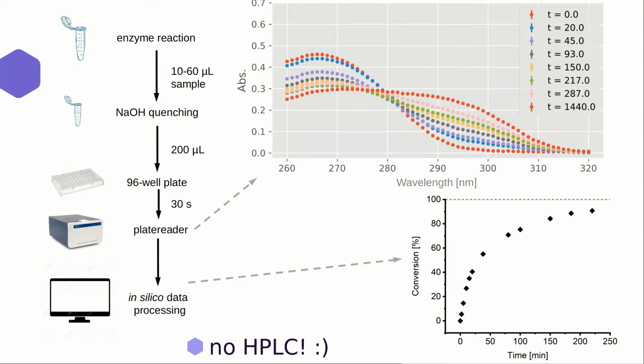You do some in silico data processing, and then you can go and work to the conversions that you actually see in the chemical reaction. And now this was already new, because before we always had to use HPLC, which took 15 minutes a run. And now we are down to 30 seconds, and it's also cheaper because we don't use the solvents.